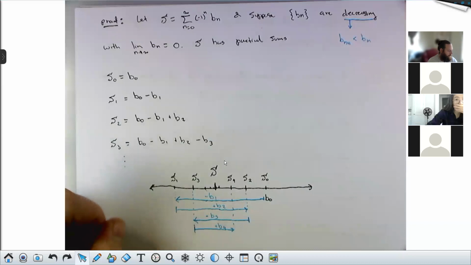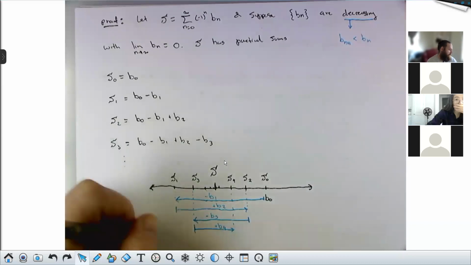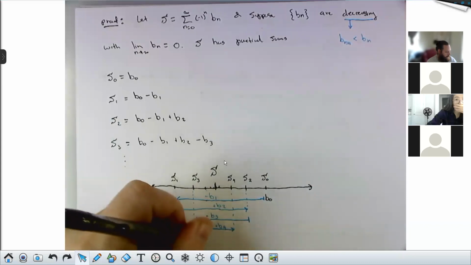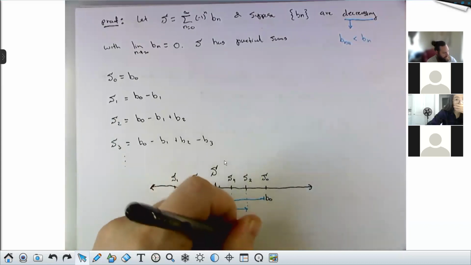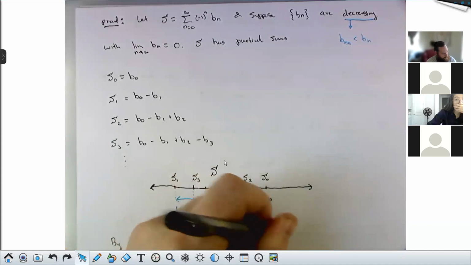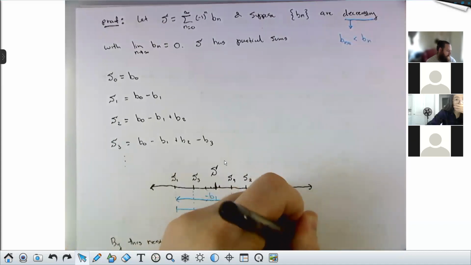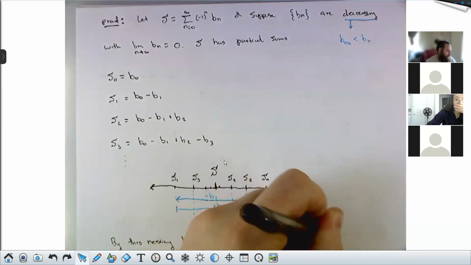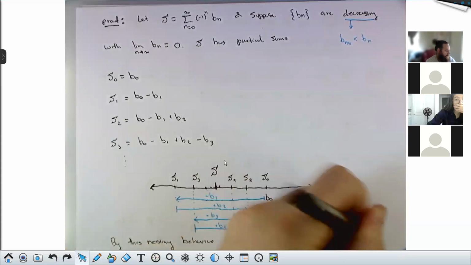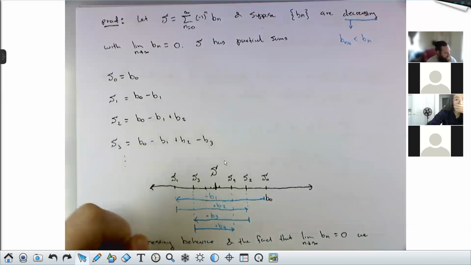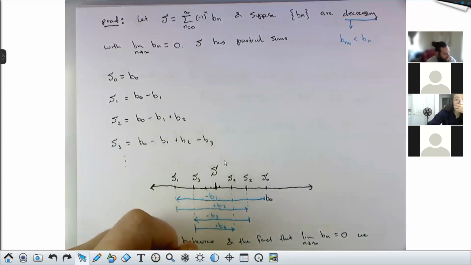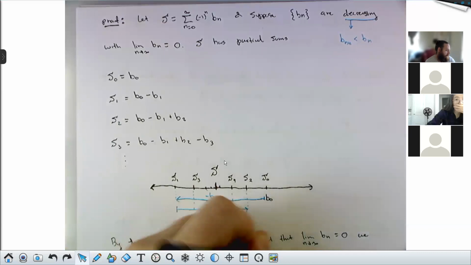So I would say by this nesting behavior, and the fact that the limit as n goes to infinity of Bn is 0, we see that the sequence Sn must be convergent.